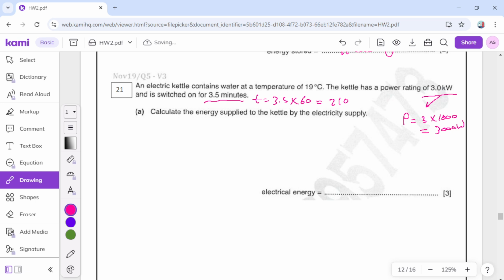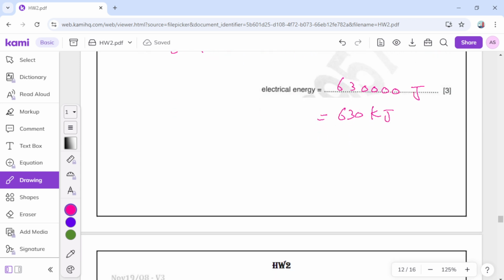Now he asked to calculate the energy supplied to the kettle. Energy equals power multiplied by time. Power is 3000 multiplied by time, 210. Okay, so now what is the result? 631,234 joules. You can also write it as 630 kilojoules. It will be okay, no problem.